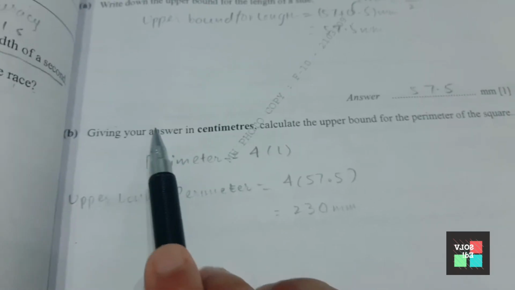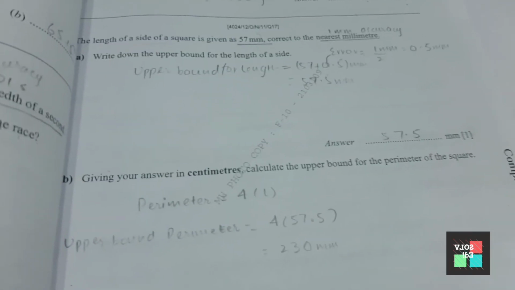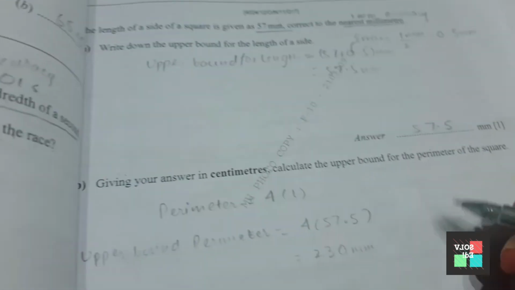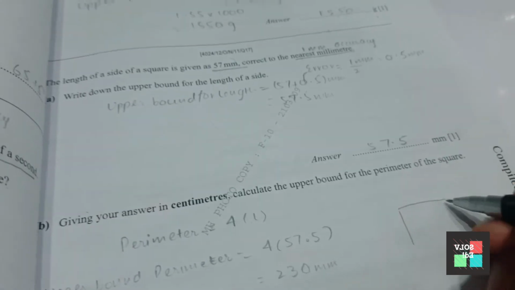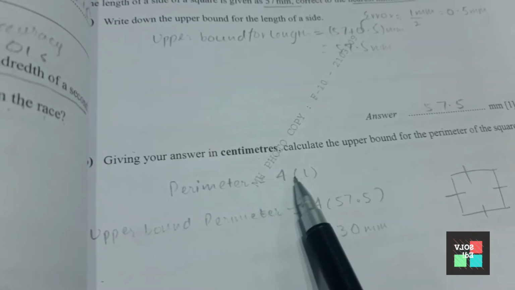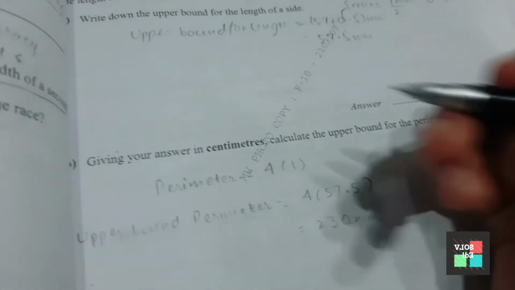Then we have: give your answer in centimeters, calculate the upper bound for the perimeter of the square. Very, very similar. Since the square has all sides equal, we can represent one of its sides by L, and we can multiply it by 4 since a square has 4 sides.